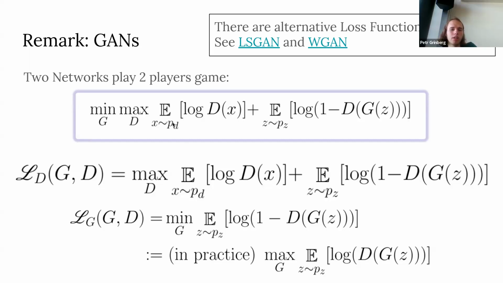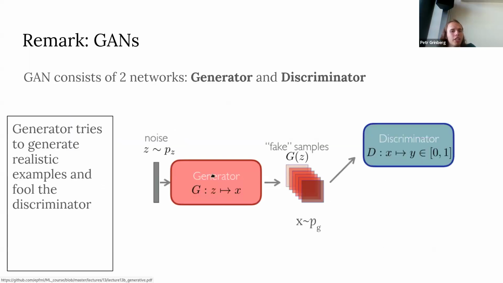So P_D is the distribution of real inputs. Z is the distribution of noise. I forgot to say that originally GANs generate something from some noise distribution P_Z. So not from some other image, but from random noise.